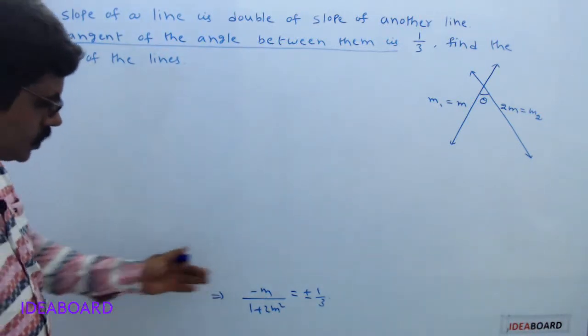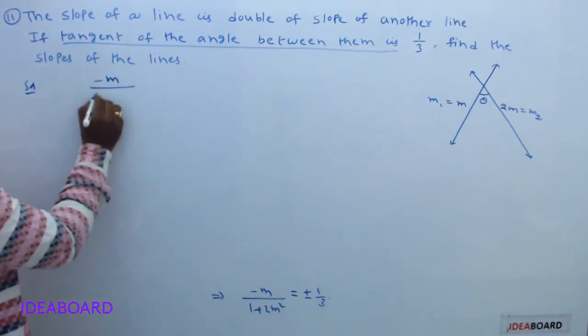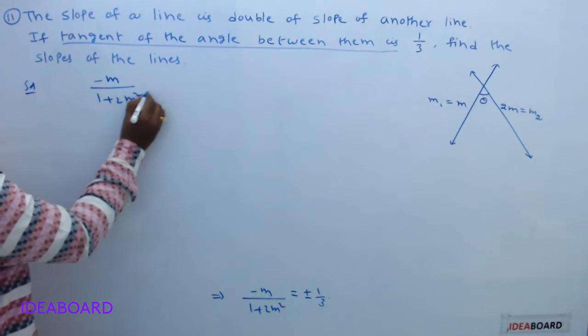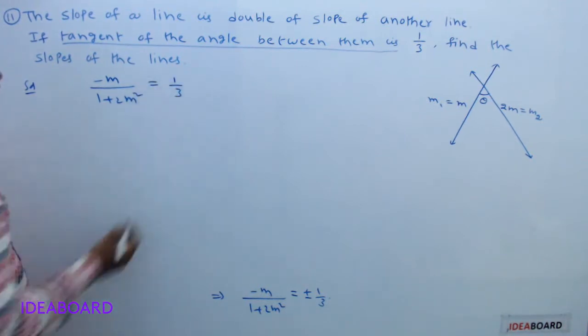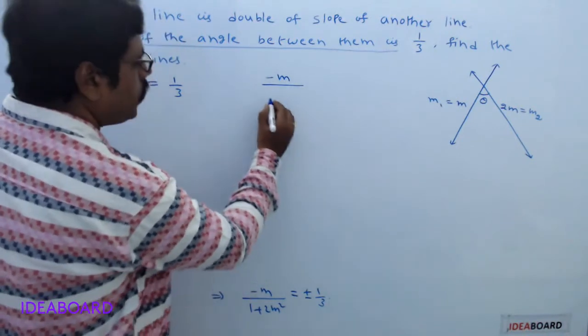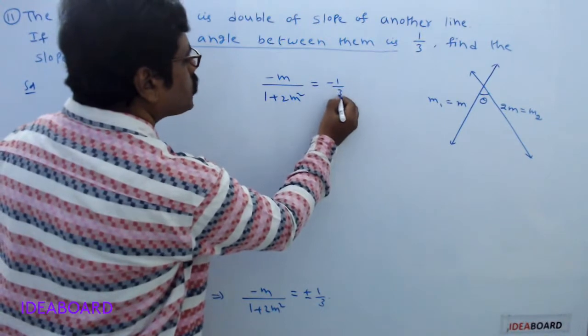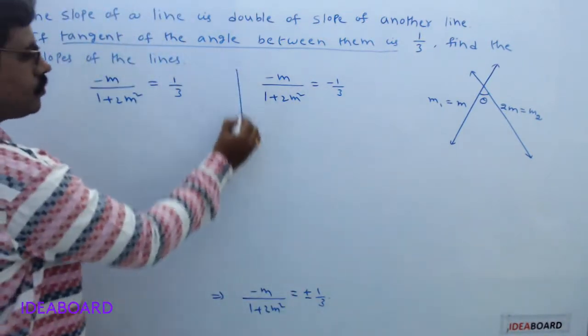Now from this equation, minus m divided by 1 plus 2m square equals 1 divided by 3, and minus m divided by 1 plus 2m square equals minus 1 divided by 3.